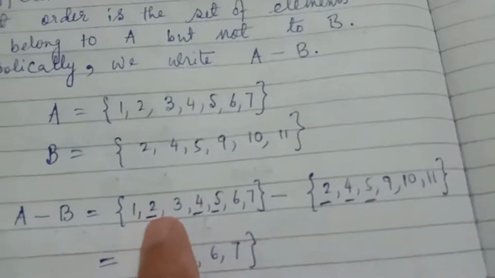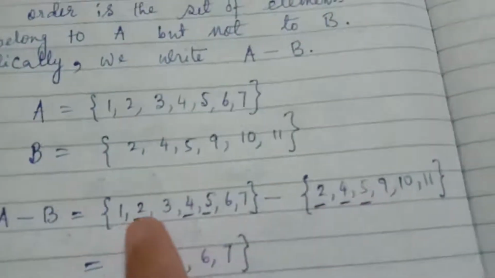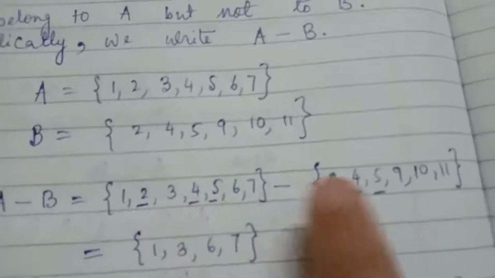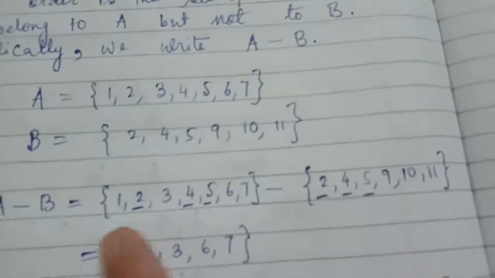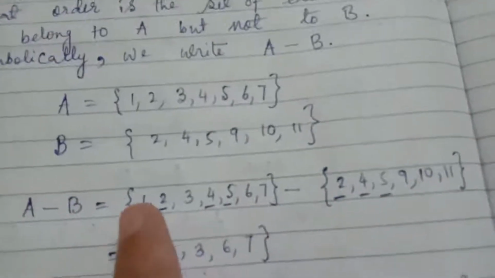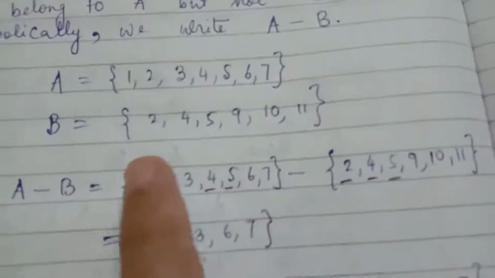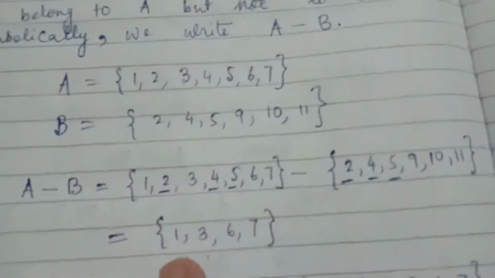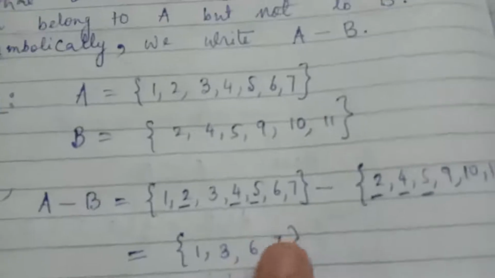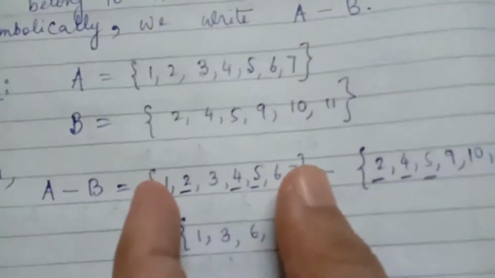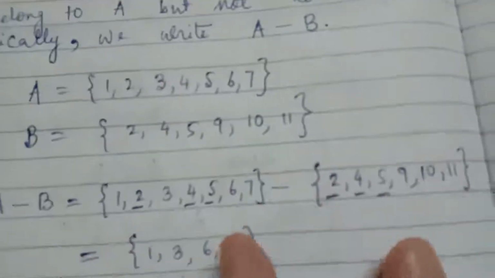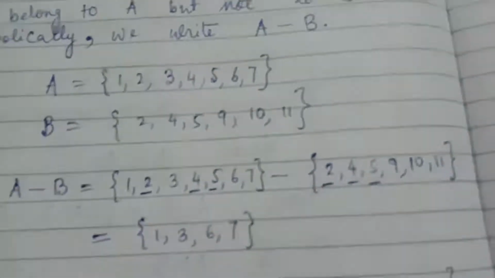You can see 2, I have marked 2. 2 is in the first set as well as in the second set. Similarly, 4 and 5. So 2, 4, 5 are the common elements. So first we have to remove 2, 4, 5 from this set, and the remaining elements are 1, 3, 6, 7, which is A minus B. A minus B means the elements of A, removing the common elements which are also in B.